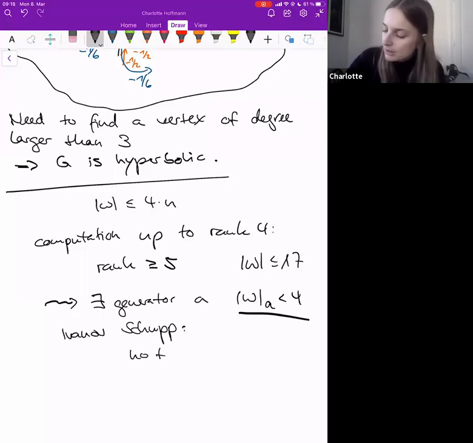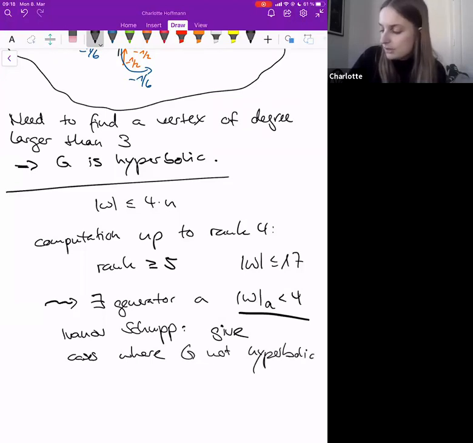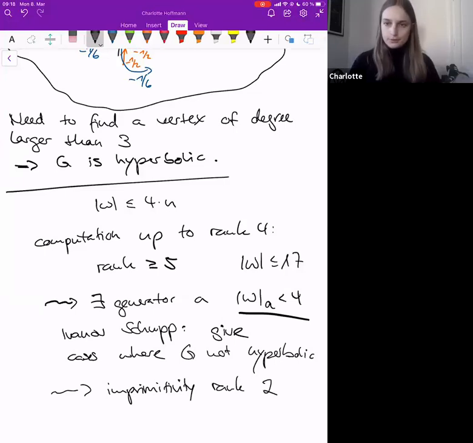So they give cases where: not hyperbolic, and it turns out this implies imprimitivity rank 2. And therefore our theorem follows.